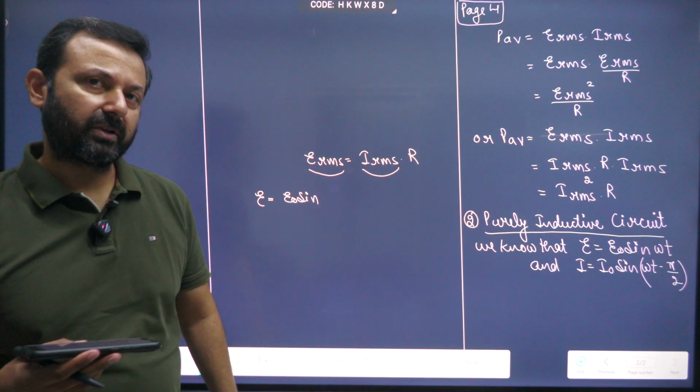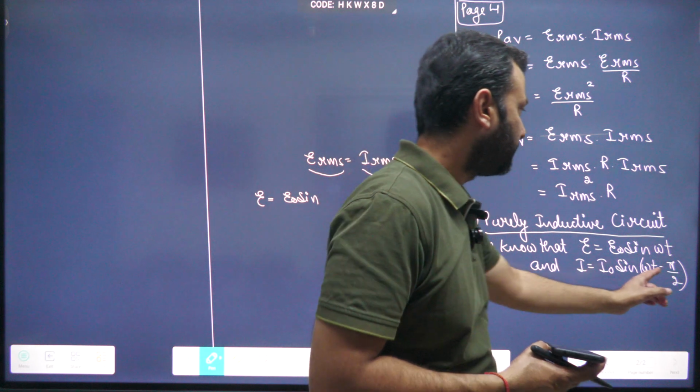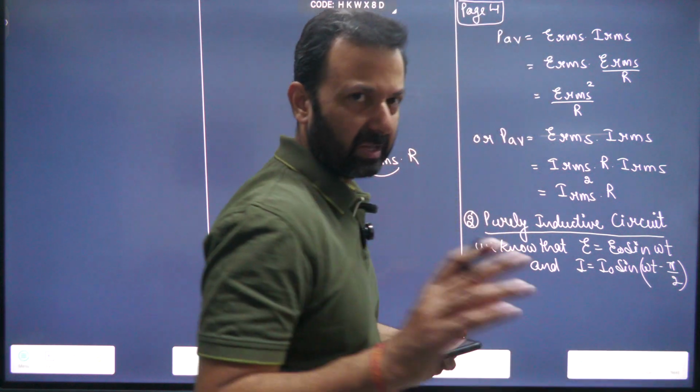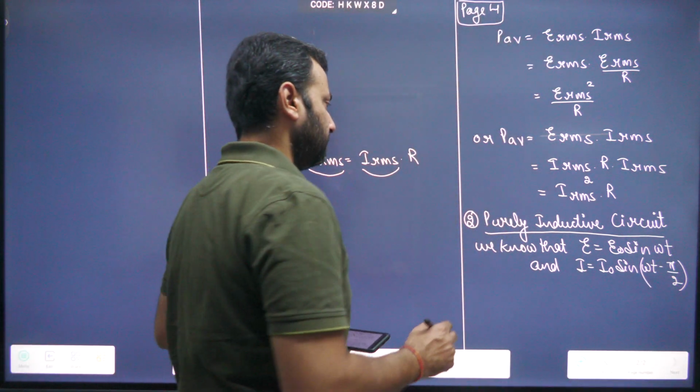So what is the phase difference in this case? Phase difference phi is pi by 2.